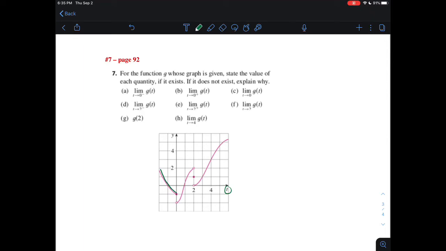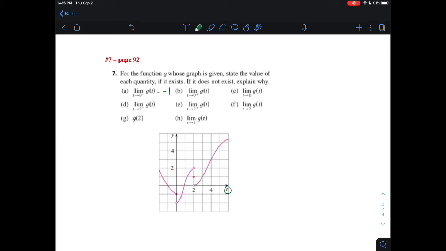And our graph is approaching the value of -1. That's where this dot is right there. So our function is approaching -1 as t is approaching 0 from the left. What this means is, for part A, the limit as t approaches 0 from the left of g of t is equal to -1.